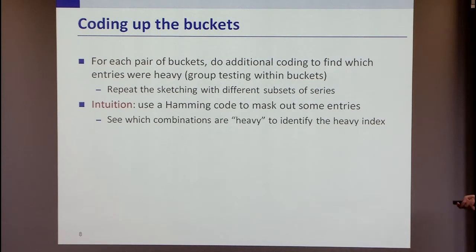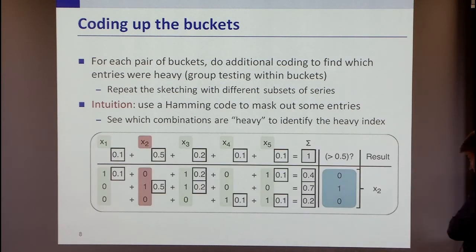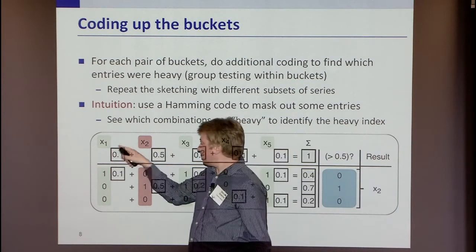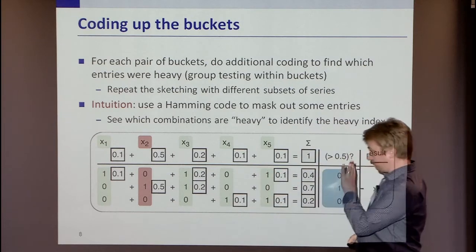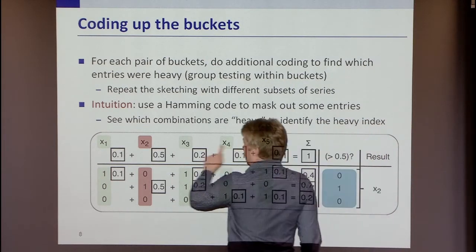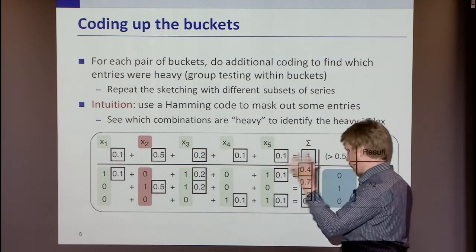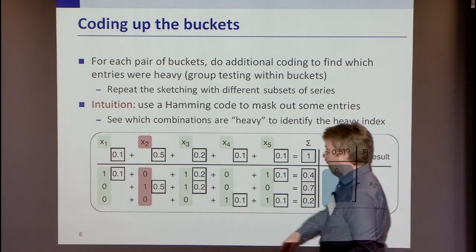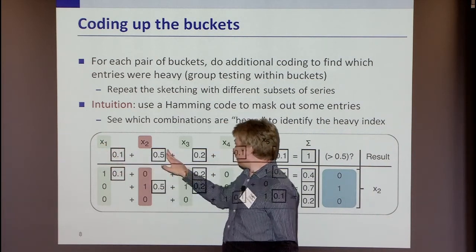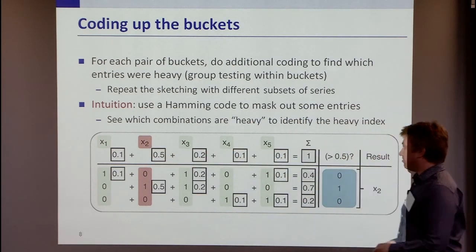The simplest way of seeing that is when the coding approach is a Hamming code. This is a much overly simplified example. My cartoon example is thinking about combinations of individual elements, but the concept is the same. Here I've got the contribution of element 1 that's small, the contribution of element 2 that's large, so I'd like to find it, and a bunch of contributions of other elements that are also small.